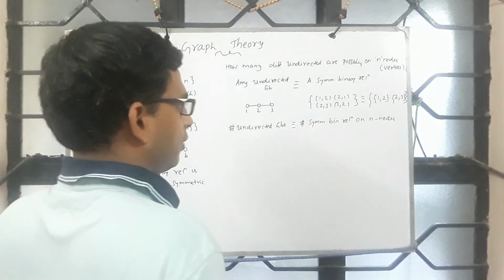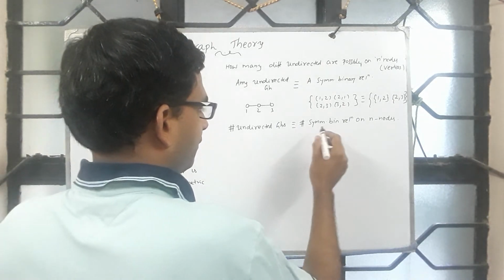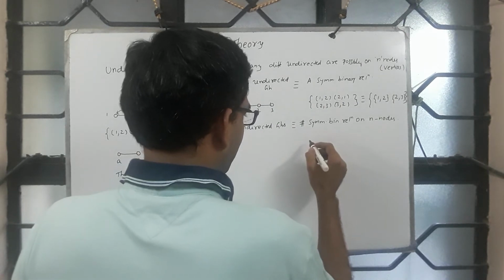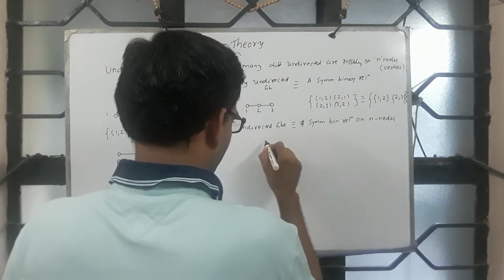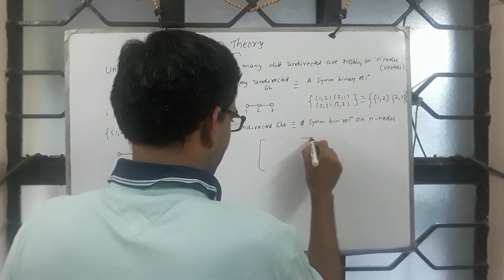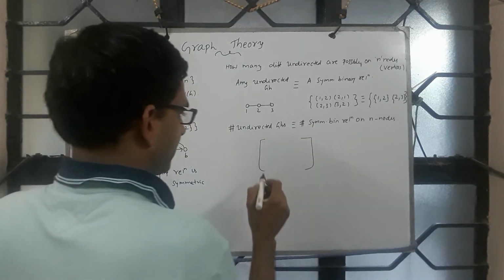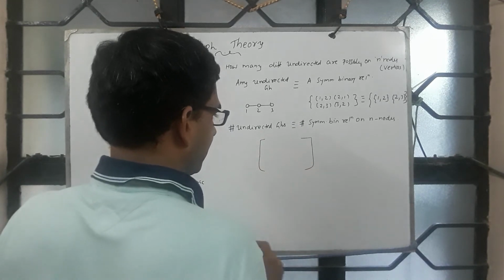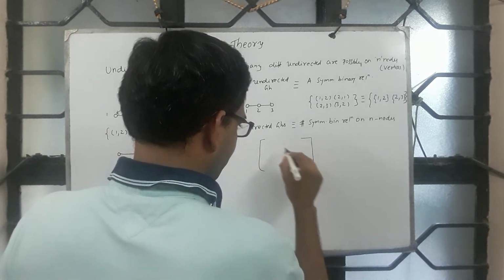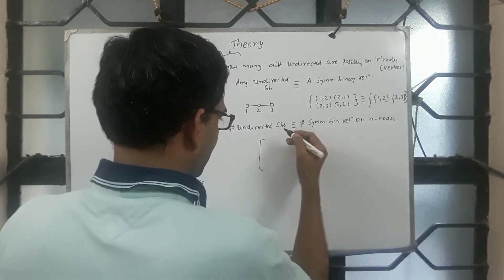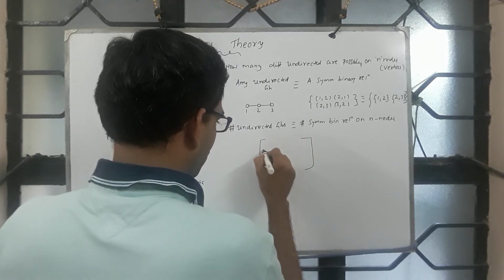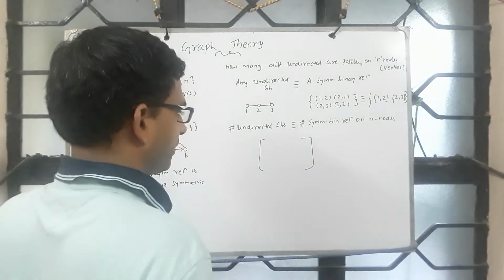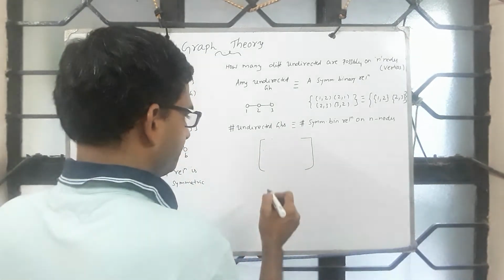And how many are there? The number of symmetric relations on n nodes, we have already counted following the matrix representation, right? So this part is n, and leave that part. Below diagonal, above diagonal, if I include an element from here, its corresponding element from here is forced.